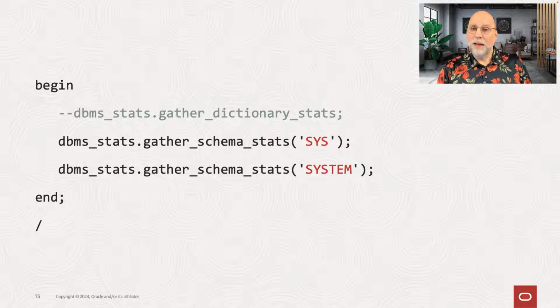So in order to gather your dictionary statistics, you could use DBMS_STATS.GATHER_DICTIONARY_STATS. Frankly, we find it better to gather schema stats on SYSTEM and SYS, because we have found some cases, and it's not consistent by any means, but there are some cases where gathering dictionary stats seems to leave behind a couple of important objects here or there that just don't have updated stats on them.